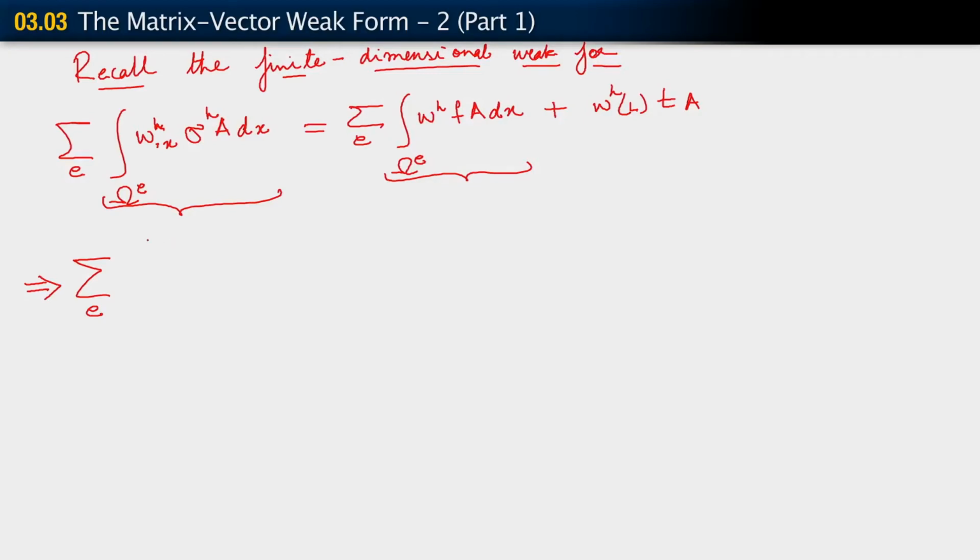So actually, let me do one thing. Let me first write out the contribution for element 1, the special contribution for element 1. For element 1, we have C2E, but E is 1 for element 1.